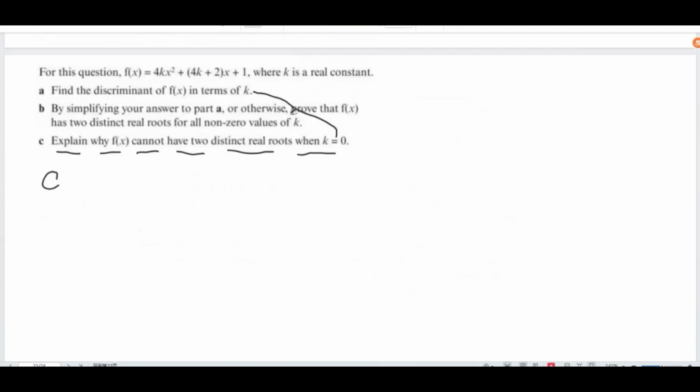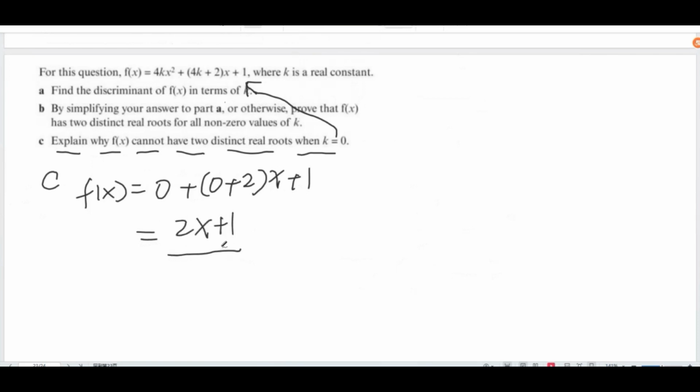Okay, C: explain why f(x) cannot have two distinct roots when k equals 0. So we put k equals 0 into this equation. So f(x) equals 0 plus 0 plus 2x plus 1, which is 2x plus 1.